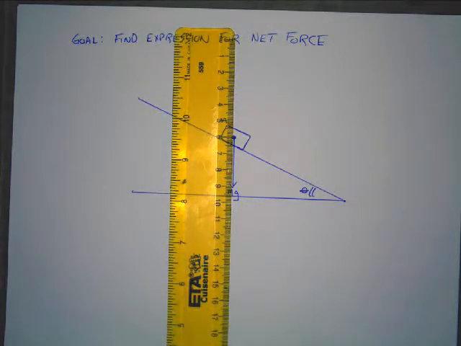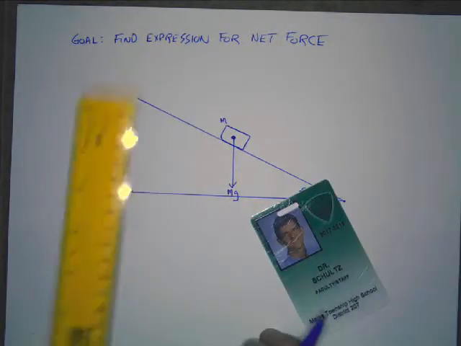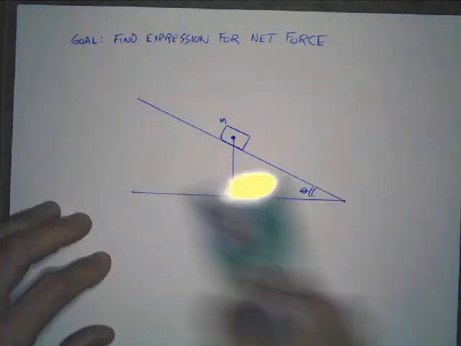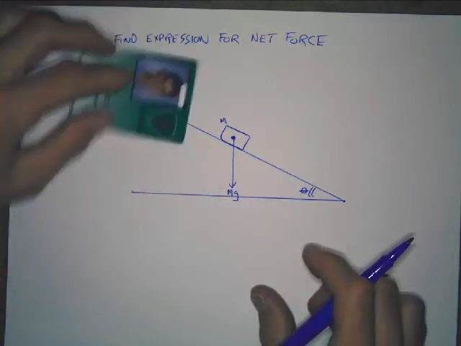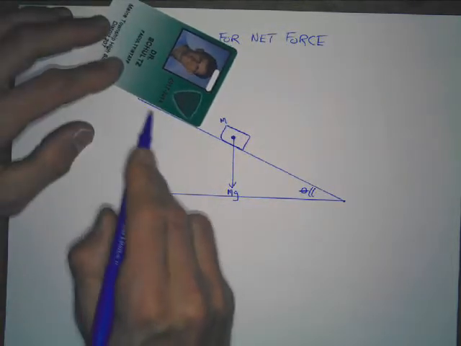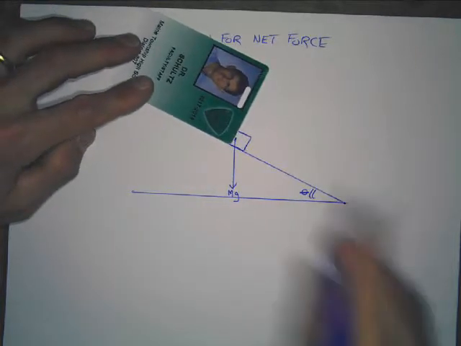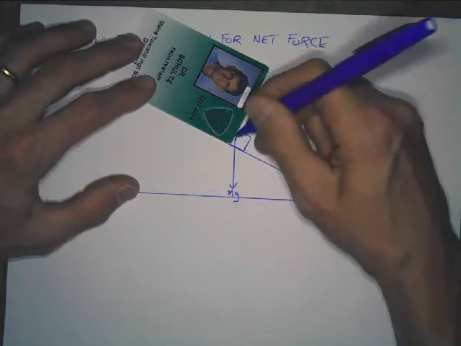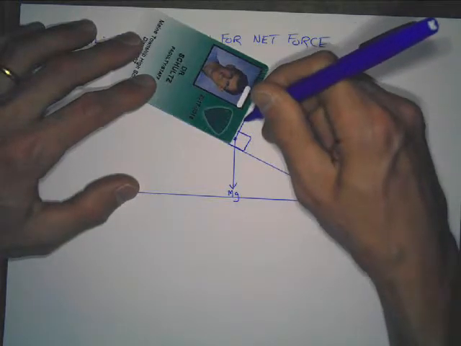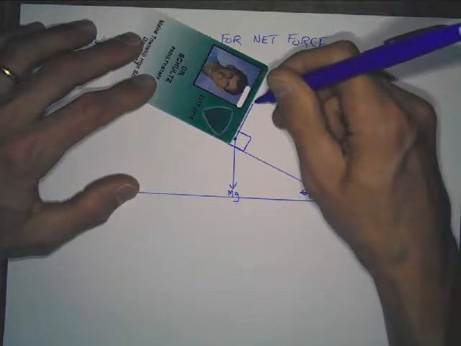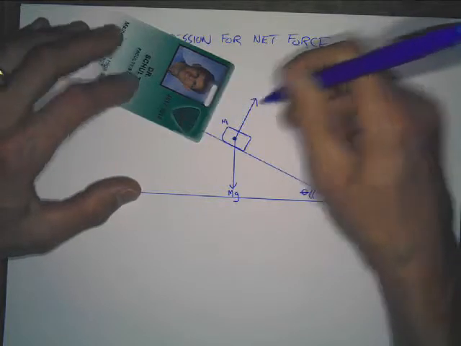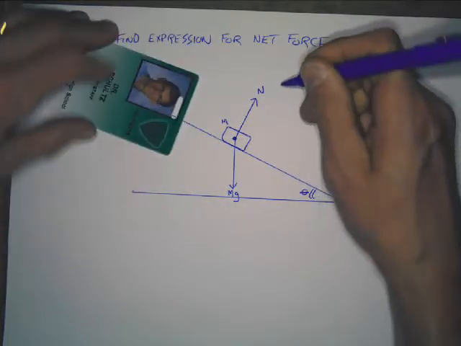So one thing that I do sometimes to help myself draw it is I can take my ID, and I can line up one edge of my ID with the surface. I can slide it along, and now when I get to that point, I can simply extend, and I've got my normal force.